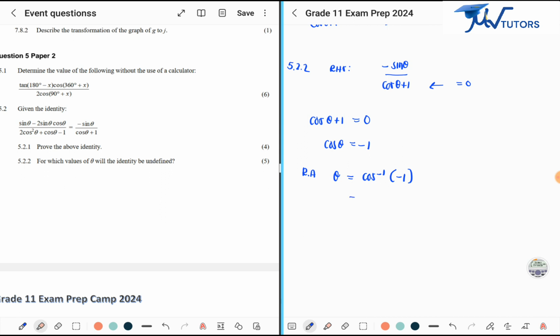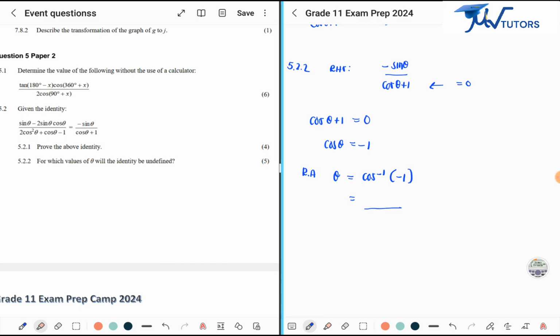Whatever answer we get, we will use this answer, and then in order to get the general solution, I hope that you realize here, this is 5 marks, we need to get the general solution, because through the general solution, we can get more than one answer, where we have theta making the identity undefined.